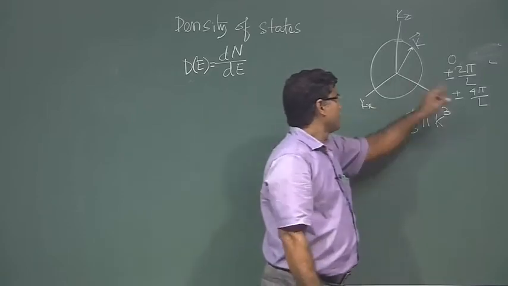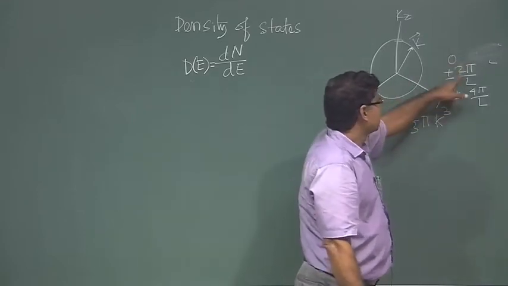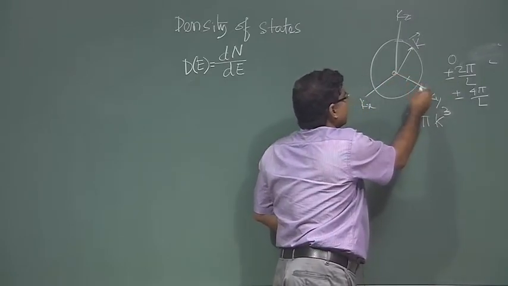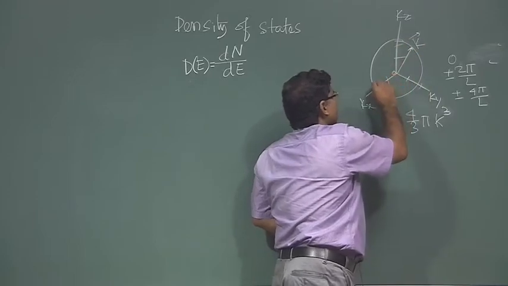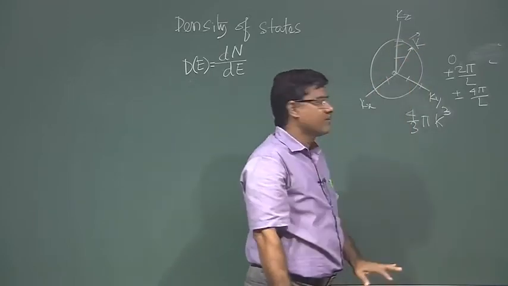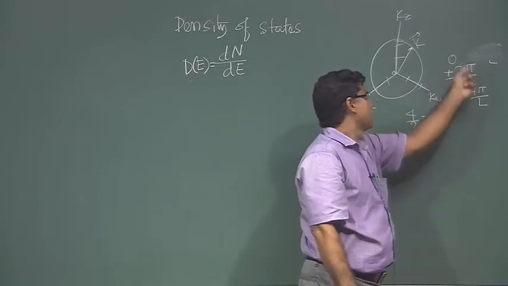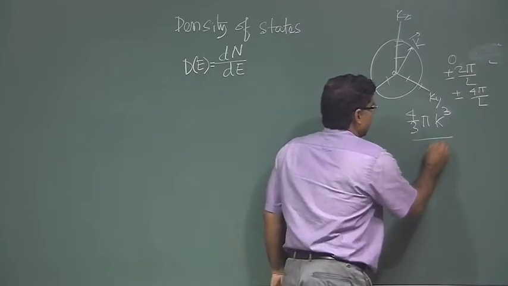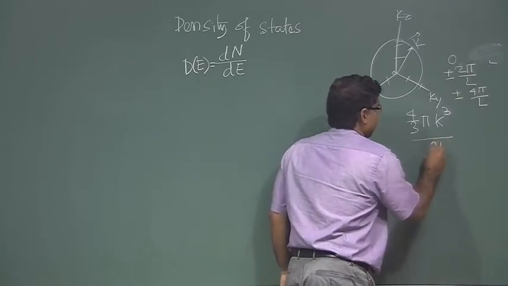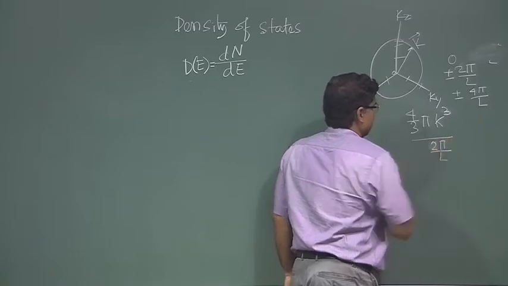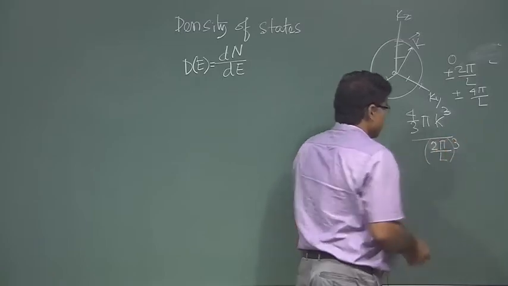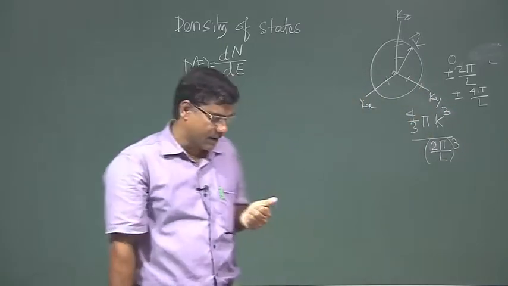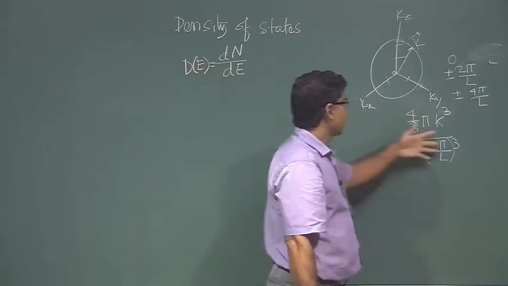And the smallest volume, starting from the origin with 2 pi, 4 pi, and so on, is just a cube with side 2 pi by L, so (2 pi by L) cubed. In this volume you get one triplet of k values kx, ky, kz.